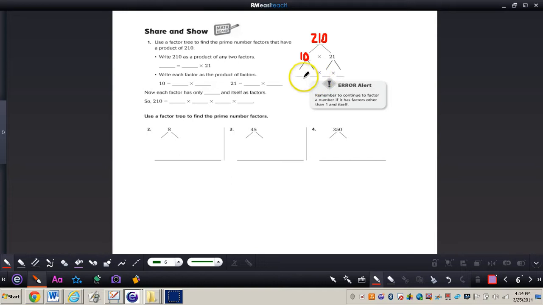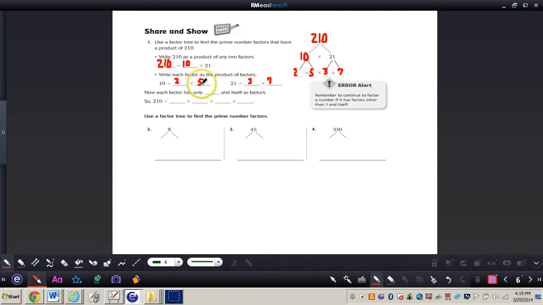So we have 10 and 21. So first of all, write 210 as a product of any two factors. We have 210 equals 10 times 21. So we're going to break 10 down, which is 2 times 5, and 21 down, which is 3 times 7. So what we have here, the factors, we have 2 and 5, and 21 is 3 and 7.